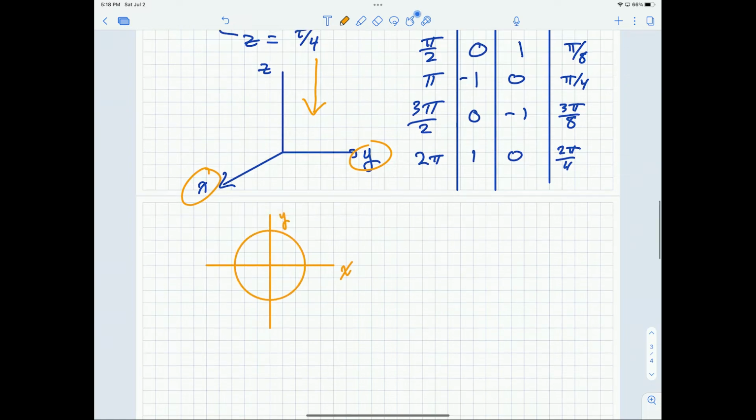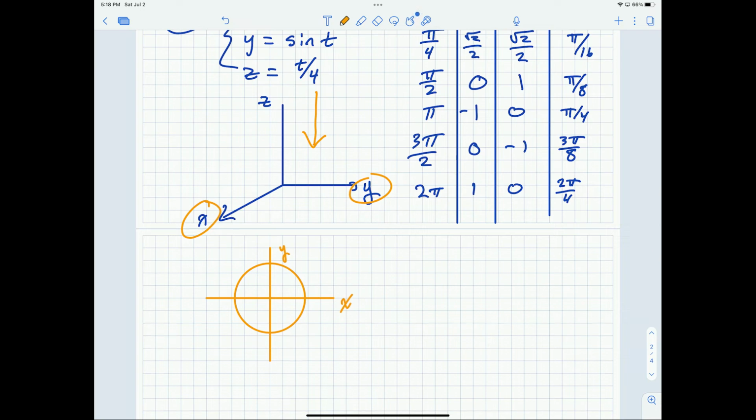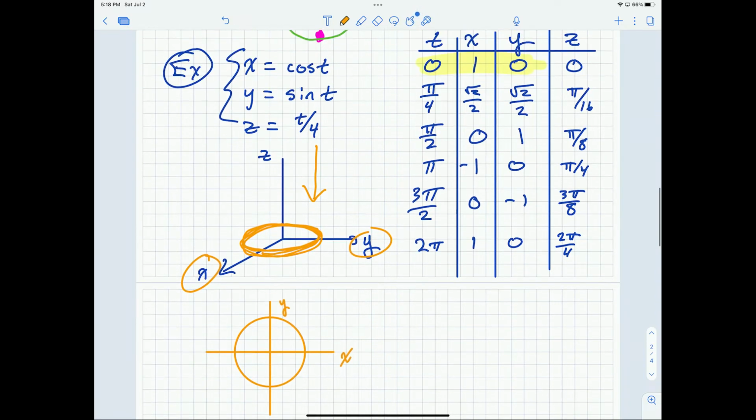That's the circle that we've already plotted if you're looking at it from that direction. But what's happening is while it's tracing around this circle in the xy plane, the z value is just going up. So the z value is just going up to pi over 2, which is like 1.5.